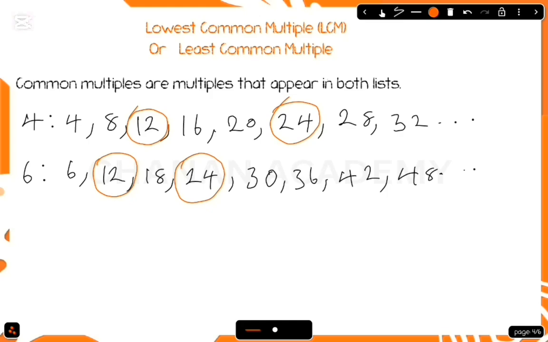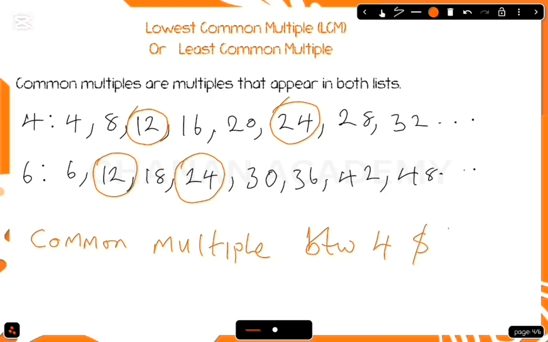So the common multiples between 4 and 6 are 12, 24, and so on.